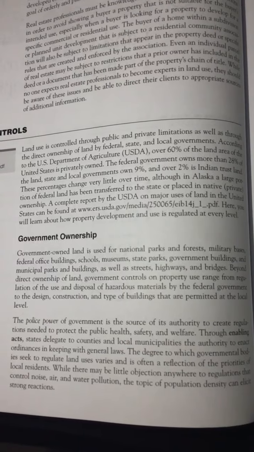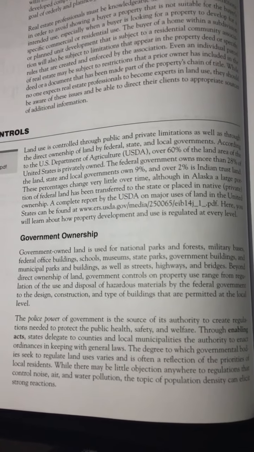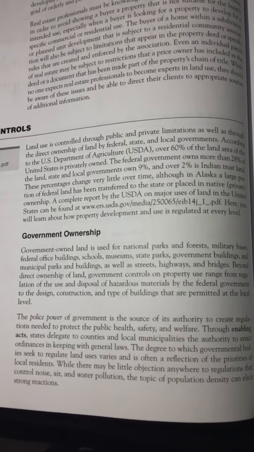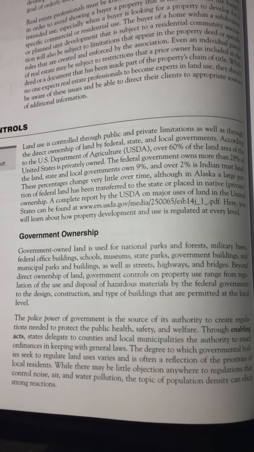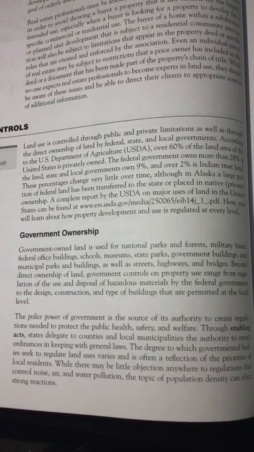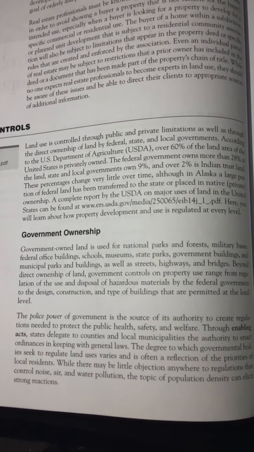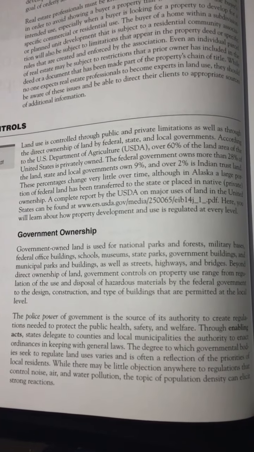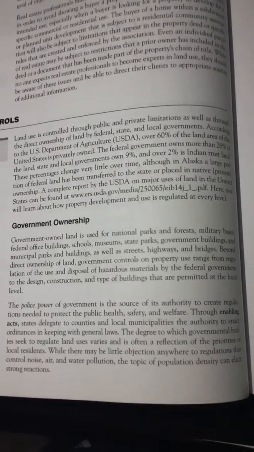Beyond direct ownership of land, government controls on property use range from regulation of the use and disposal of hazardous materials by the federal government to the design, construction, and type of buildings that are permitted at the local level.